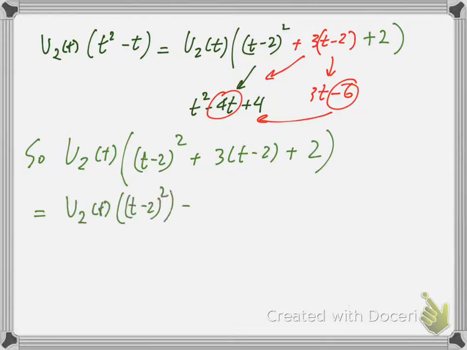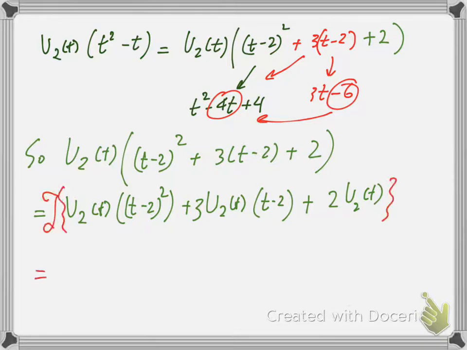Then I can split this unit function into 3 different functions, so I can show you how to find the Laplace transform for each of them. We know c is 2, and we know the function f(t) is t².